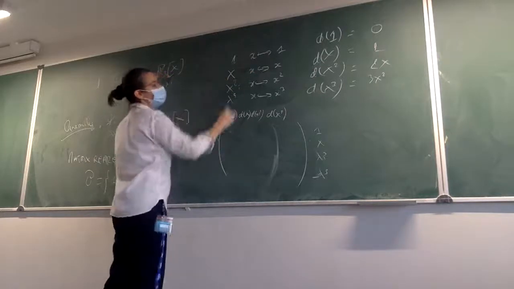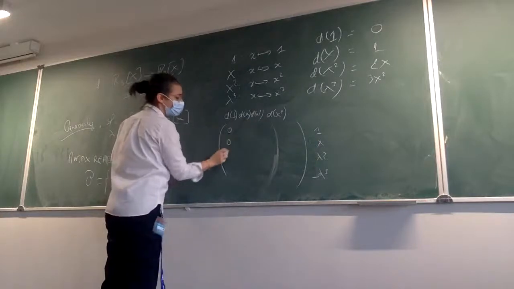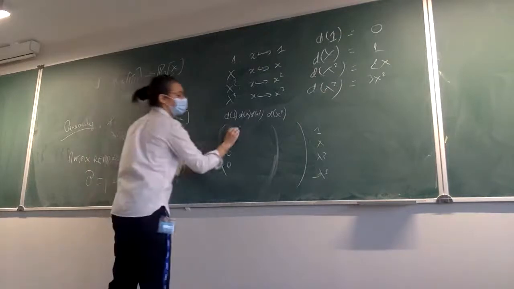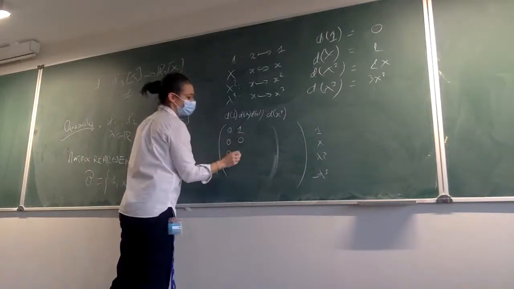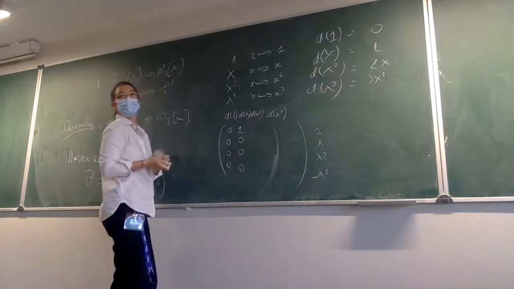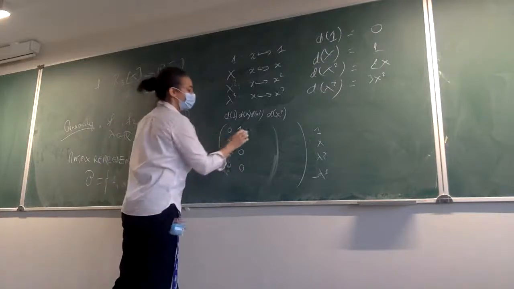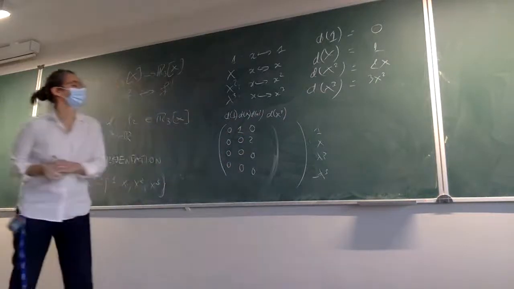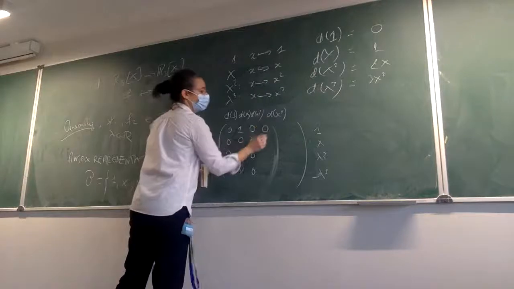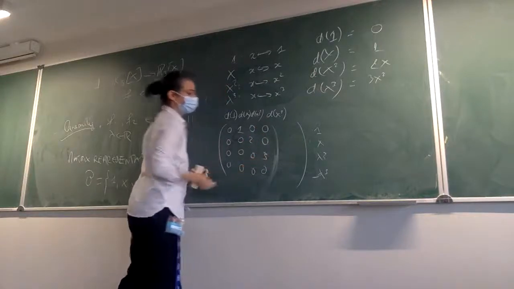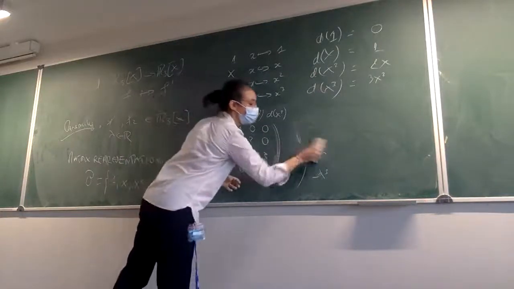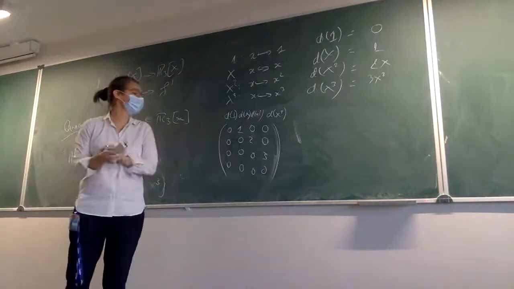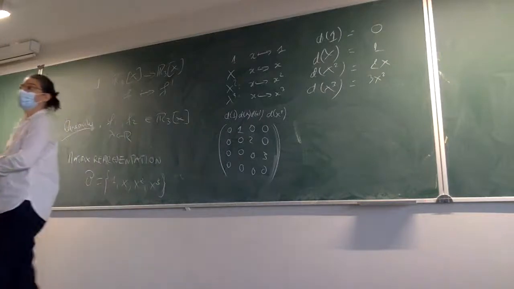D of 1 was 0, so it's 0 times 1, 0x, 0x2, and 0x3. D of x is 1, so it's 1 times 1 plus 0x plus 0 and 0. For x2, that's 2x, so 0, 2, 0, and 0. And the third one, 0, 0, 3, and 0.